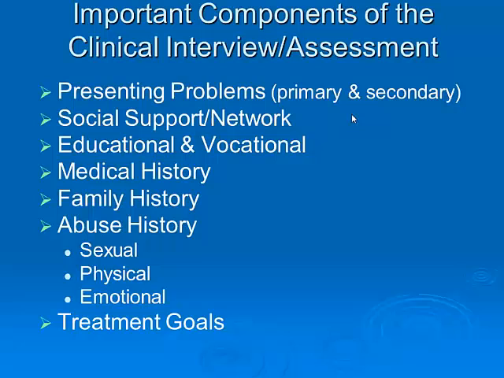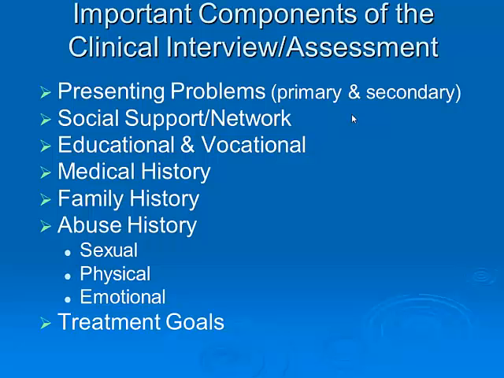You want to also understand medical history. Are there any medical issues, any surgeries, any kind of physiological kinds of issues that might limit one's ability? And so you want to take those issues into consideration as well.